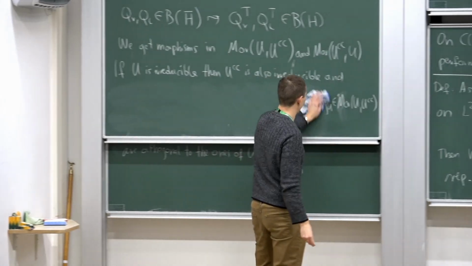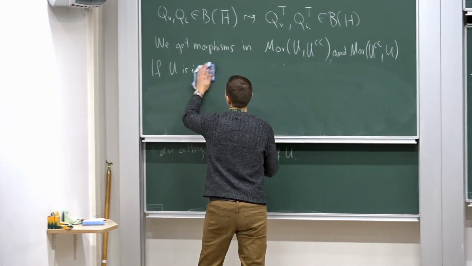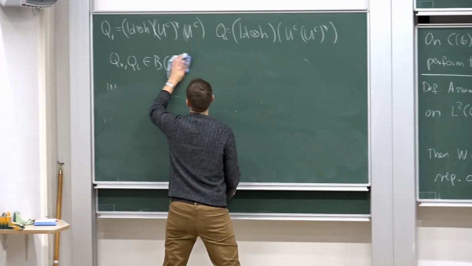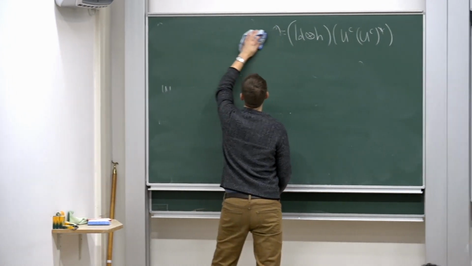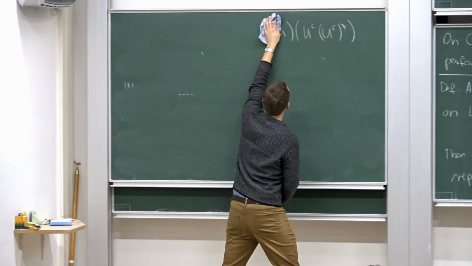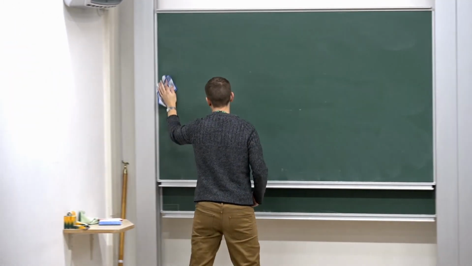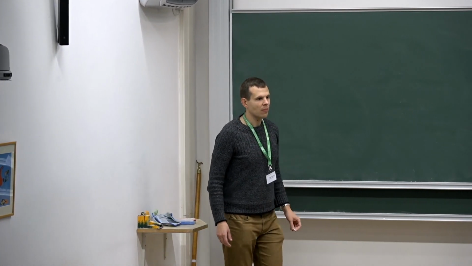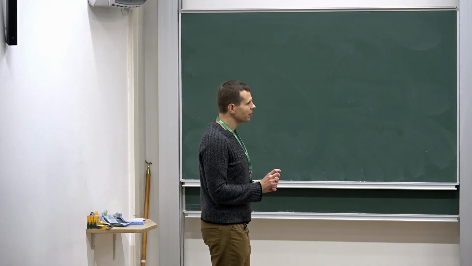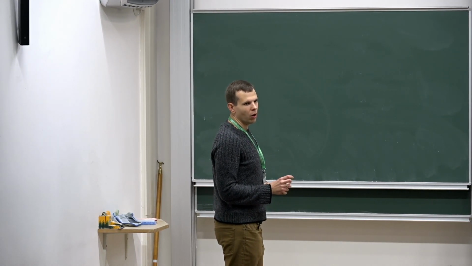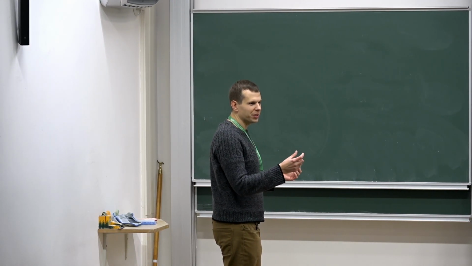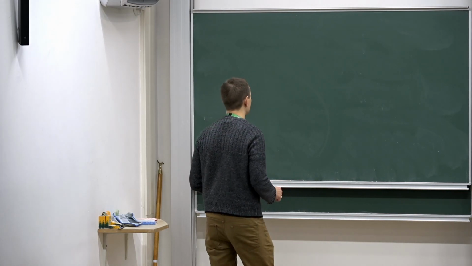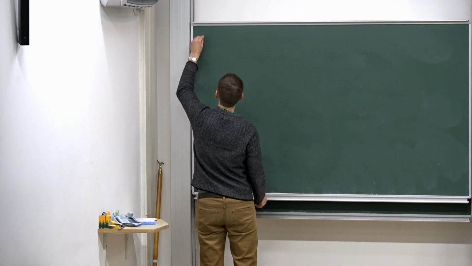First, the analog of the Peter-Weyl theorem, that any unitary representation of a compact group decomposes into irreducible representations, and all irreducibles are finite dimensional. And the second statement, that is also important, is that all irreducible representations appear in the decomposition of the right regular.